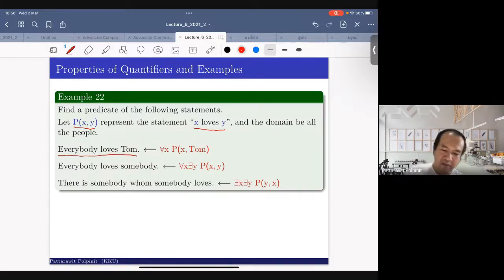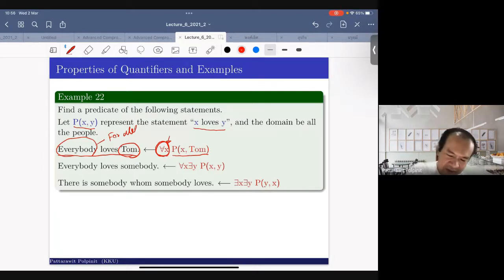There are two people, everybody and Tom. Everybody is a variable because it doesn't tell you who it is, so you use a quantifier: for all x, p of x, Tom, which means every x loves Tom.